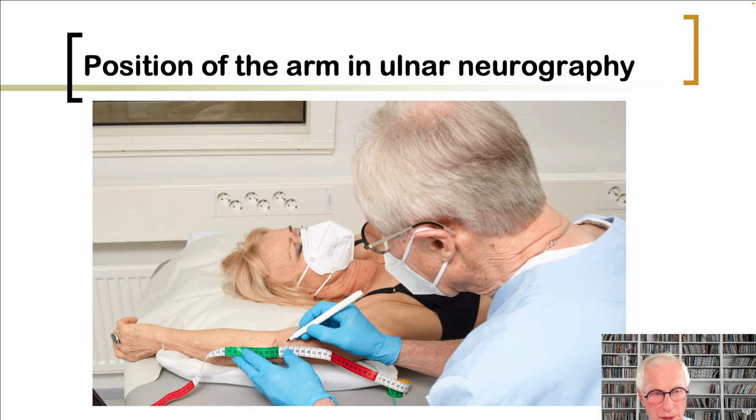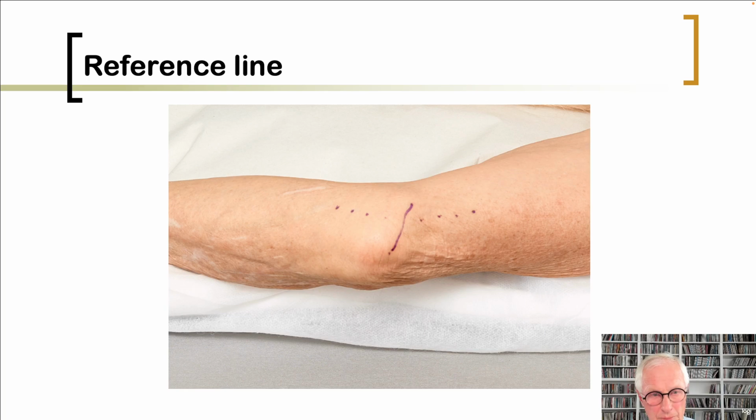Here we are doing short segment studies over the elbow. When we do the short segment study, we mark the midpoint of the medial epicondyle and the distal edge of the olecranon, and we draw a line here which is the reference line for us, and we go in 10 millimeter steps distally and proximally across this region here.